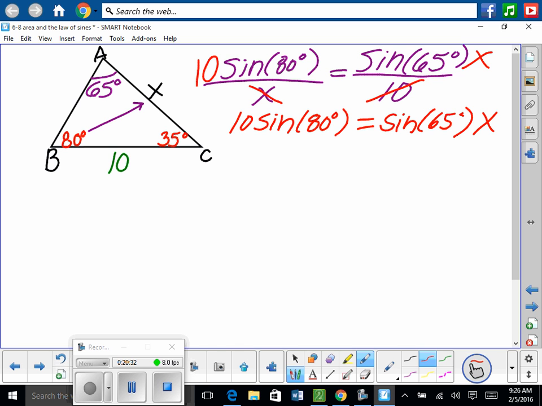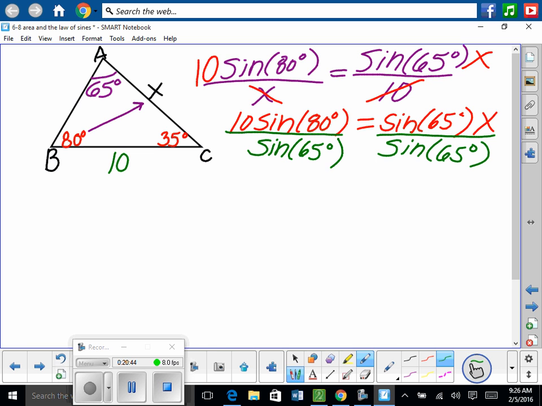Now to get x alone, it's being multiplied by sine of 65 degrees, so won't I just divide by sine of 65 degrees? X is alone, so type it in. 10 sine of 80, hit enter, then divide it by sine of 65. You should get 10.9, so 10.9 is equal to x.